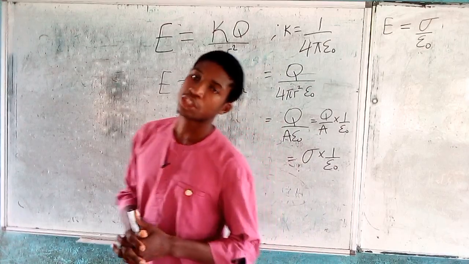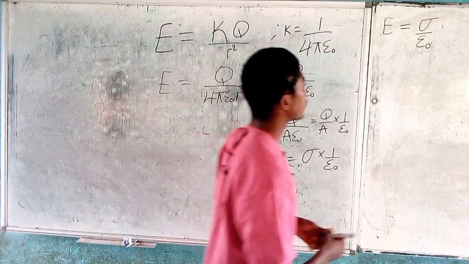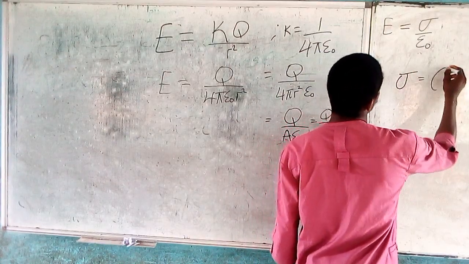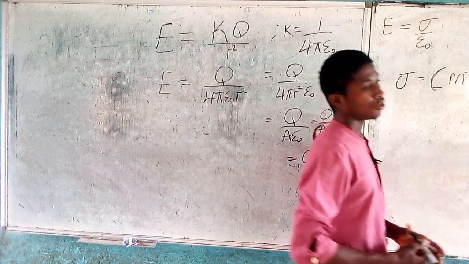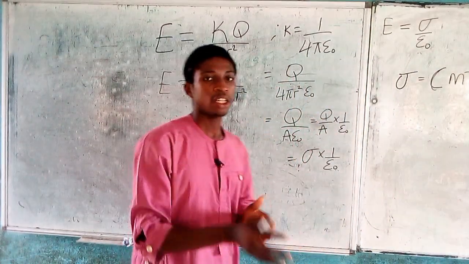The unit for surface charge density is coulombs per meter squared. So this is what you need to know about surface charge density when you're doing electric field.